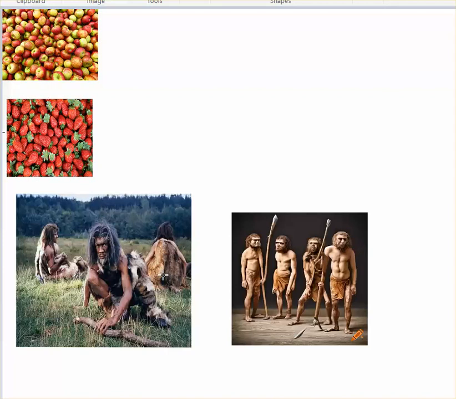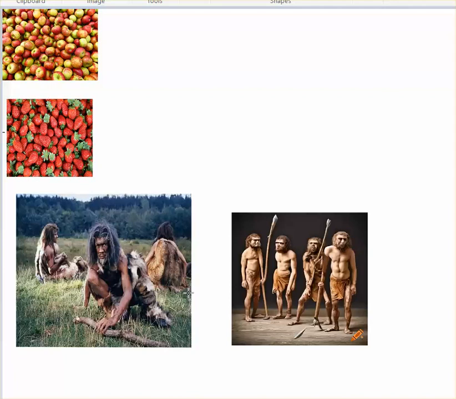Either they could eyeball it, or if they wanted to exactly exchange two strawberries for one apple, they would have to count all of it. Count how there were thousands, maybe even tens of thousands, of apples and strawberries to be exchanged.